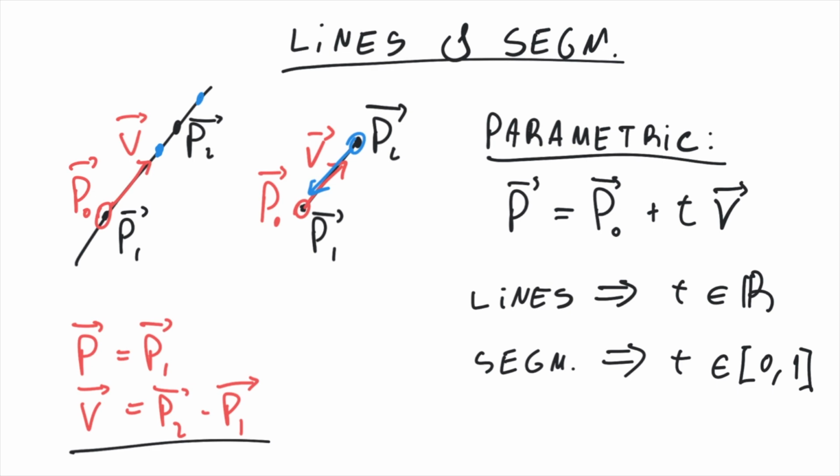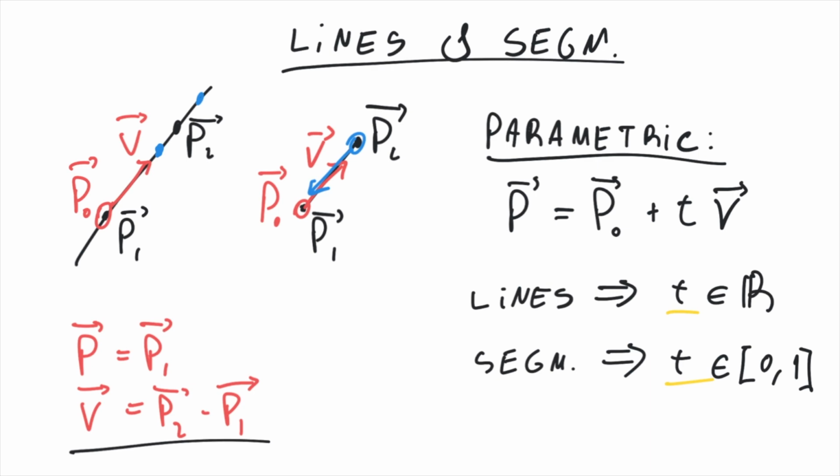So you see, this representation is particularly useful when you need to move on the line, because now you have a real parameter t that allows you to choose the point that you're going to look at.